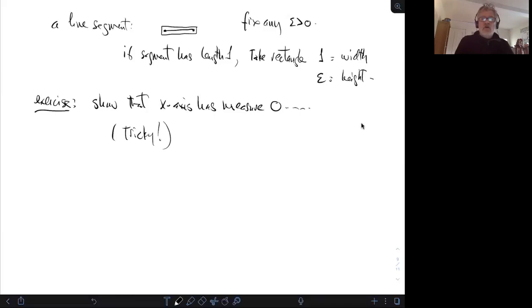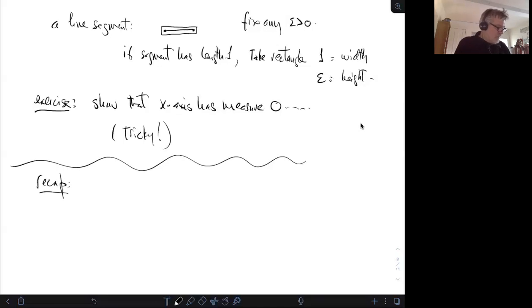Okay, so that's sort of a side issue. Just keep in mind that if we have a smooth curve and the function, so recap, we'll use that next time.